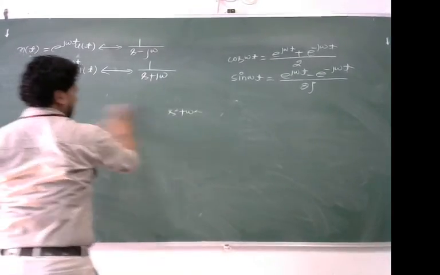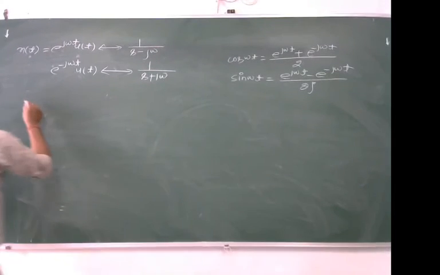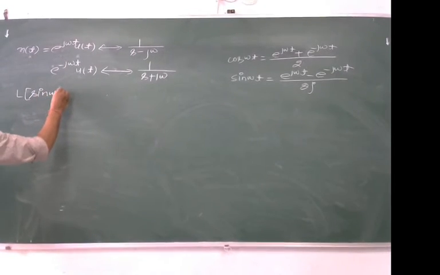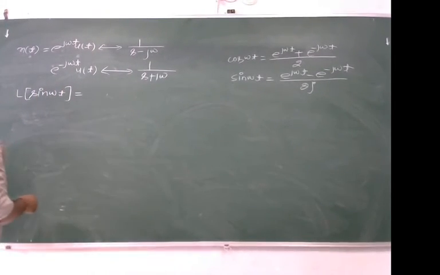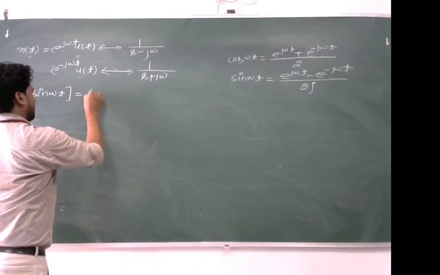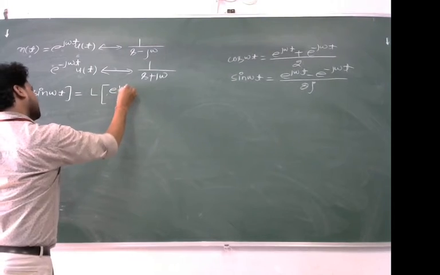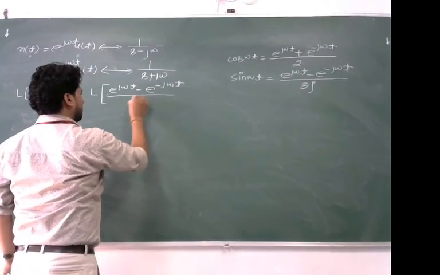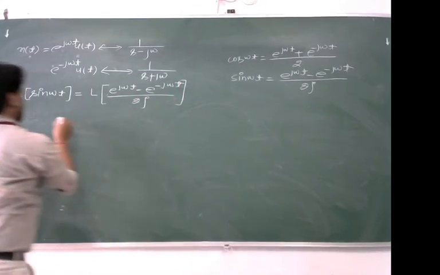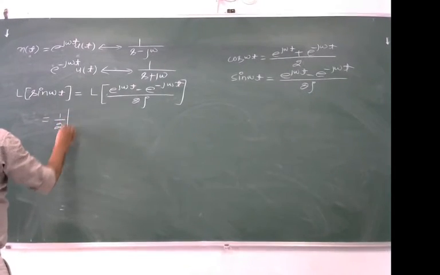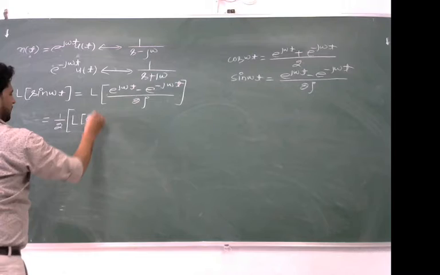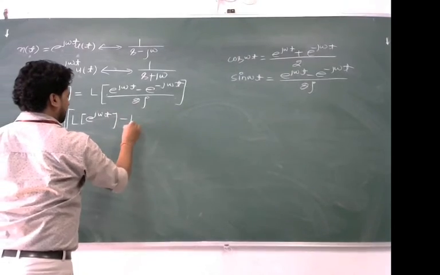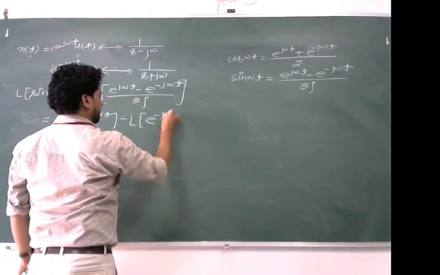So the Laplace transform of sine of omega t will be equal to Laplace of e power j omega t minus Laplace of e power minus j omega t divided by 2j, or simply this can be written as 1 by 2j times Laplace of e power j omega t minus Laplace of e power minus j omega t.